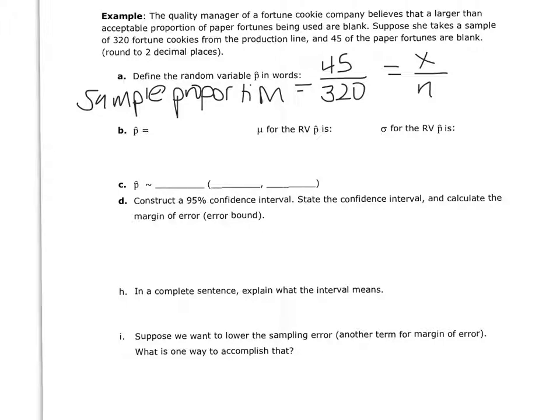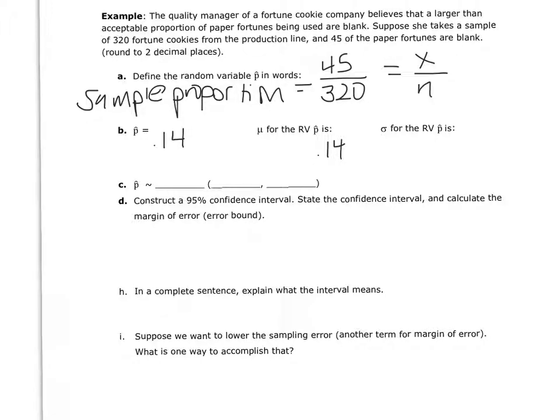And then we can calculate that. P hat, 45 over 320, is 0.14 if we round to 2 decimal places. That's also the mean that we will use for p hat.